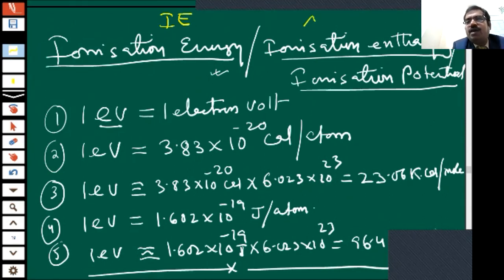Ionization enthalpy we will write like this, delta H, I. Ionization potential we will write IP. These are short forms and all are nearly same, 99% all are same only.